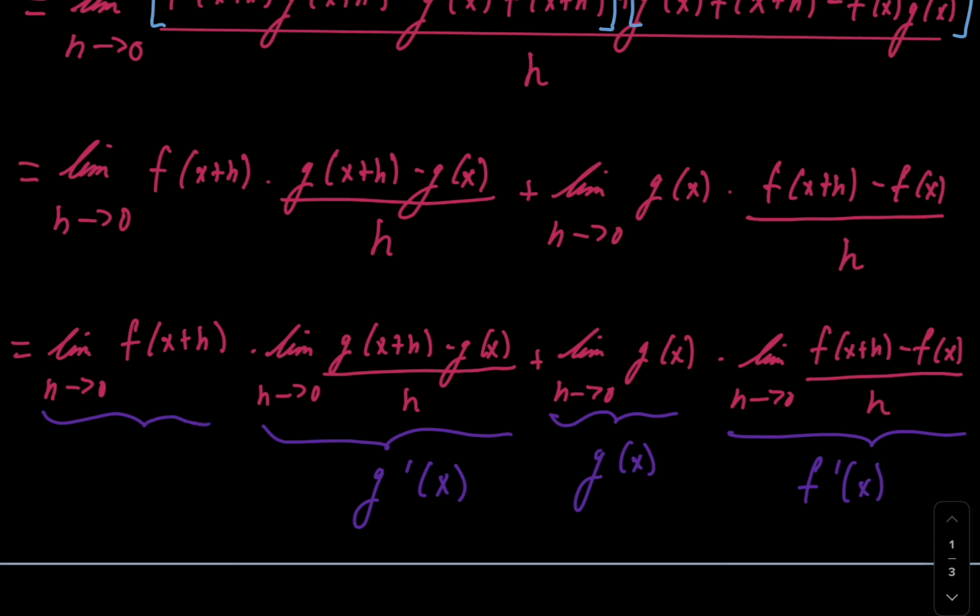And now for this piece, this is going to be equal to f of x as h approaches 0, mainly due to the fact that f is differentiable, and if f is differentiable, then it is also continuous. So as h approaches 0, this limit is going to be equal to f of x.